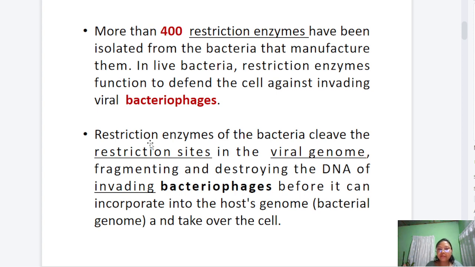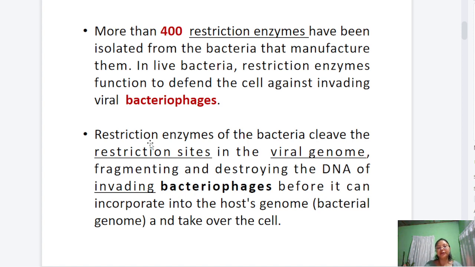But we will study ahead how these restriction enzymes identify the difference between the sequence of the bacterial DNA and that of the viral bacteriophages that have invaded a bacteria.